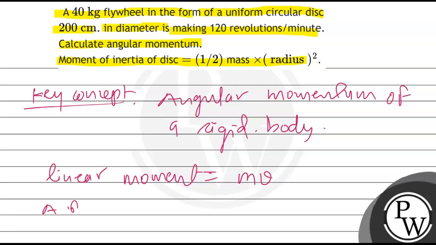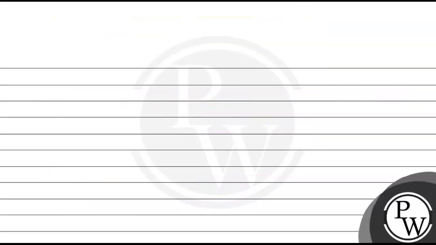Similarly, the angular momentum can be written as I into omega. In place of m, we are using the moment of inertia, and in place of linear velocity, we are going to use the angular velocity. So from here, we can write that the angular momentum is I into omega.